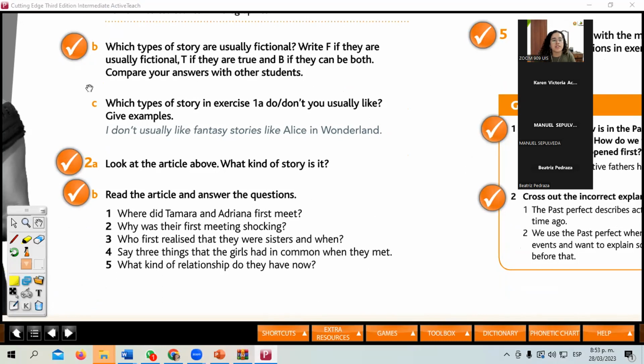The second question for Hamilton. Why was their first meeting shocking? No answer? Maybe Catherine? Why was their first meeting shocking?